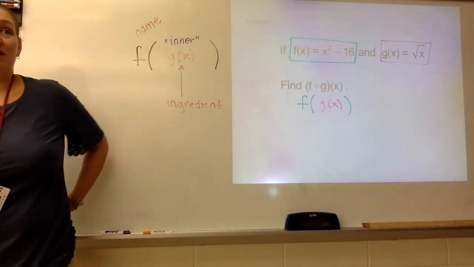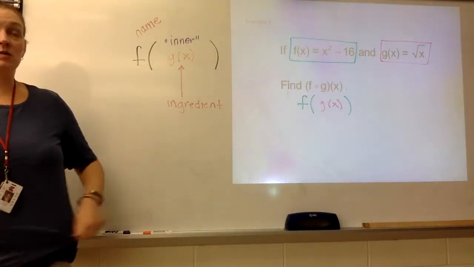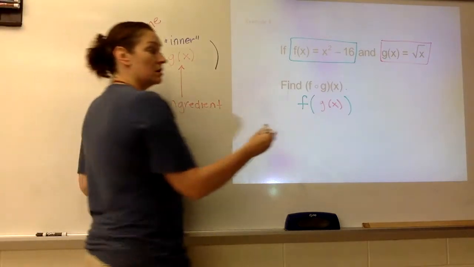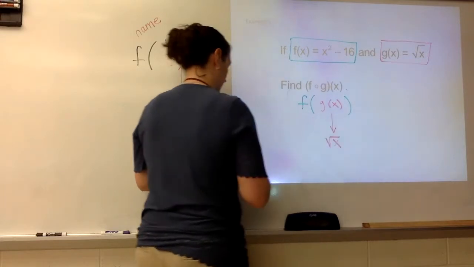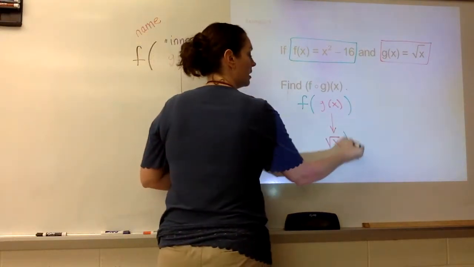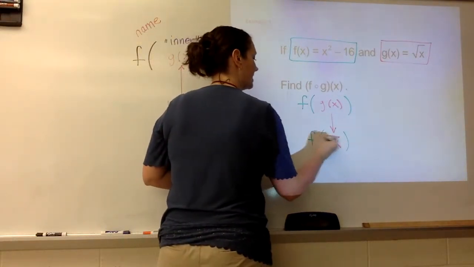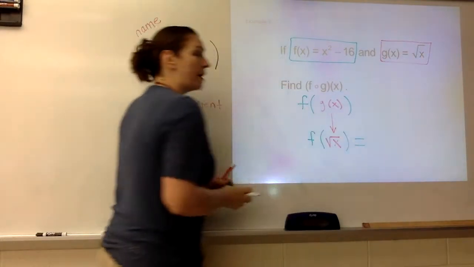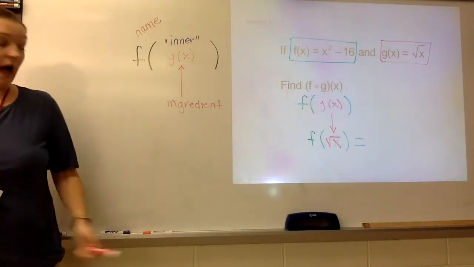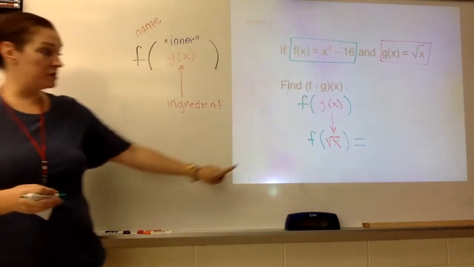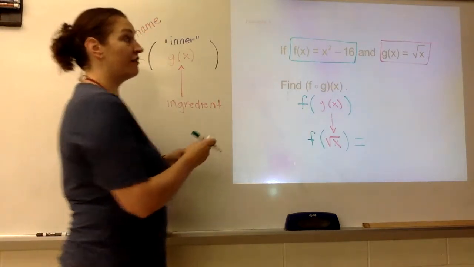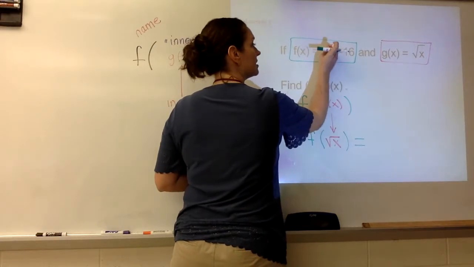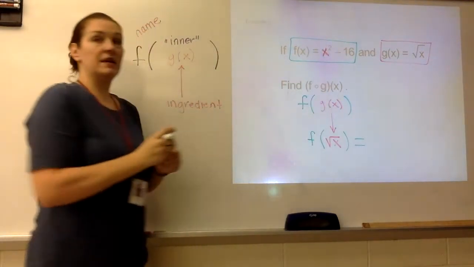What is my G function? G of X is known as what? Square root of X. This now has become exactly like the problems you've seen before. I am going to go to my F function, and every place I have an X, I'm going to replace it with what?